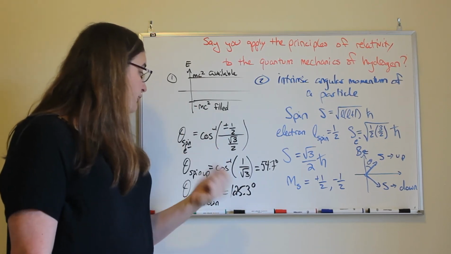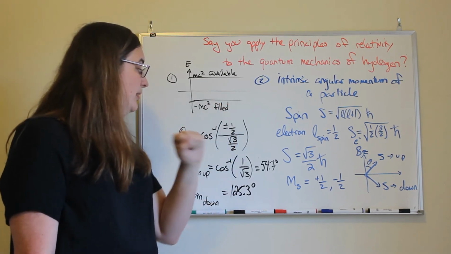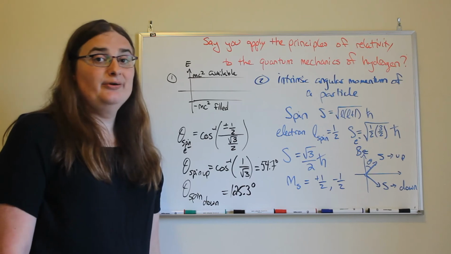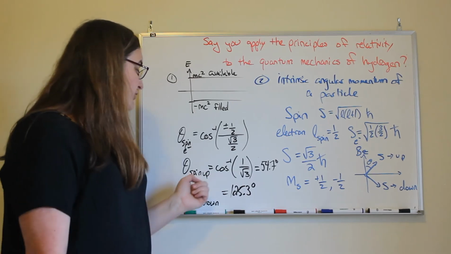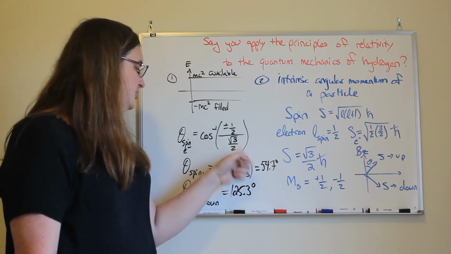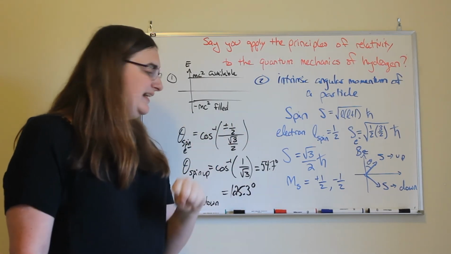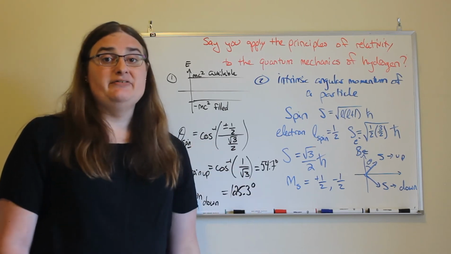Here, the angle for our spins would be the inverse cosine of plus or minus 1/2 divided by the square root of 3 over 2. So for spin up, that would be the positive solution, and the inverse cosine of 1 over the square root of 3 gives me an angle from the z-axis of 54.7 degrees.